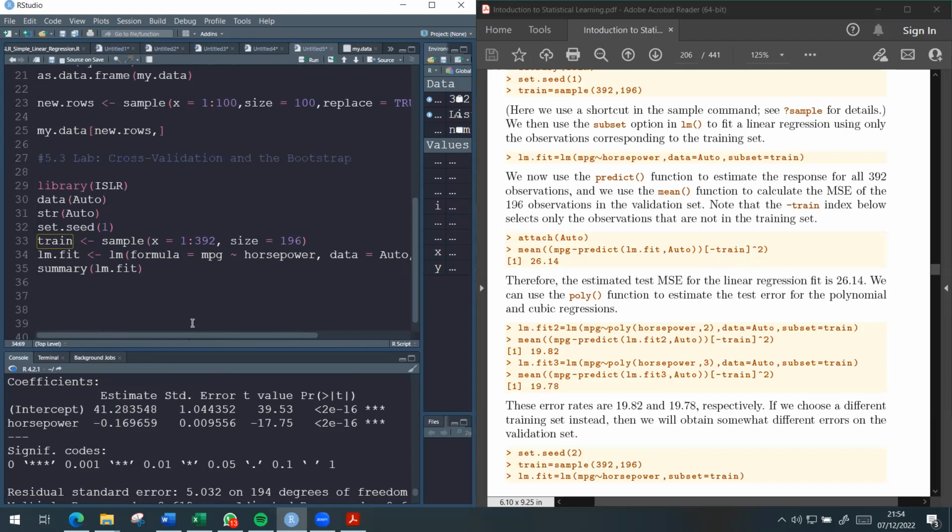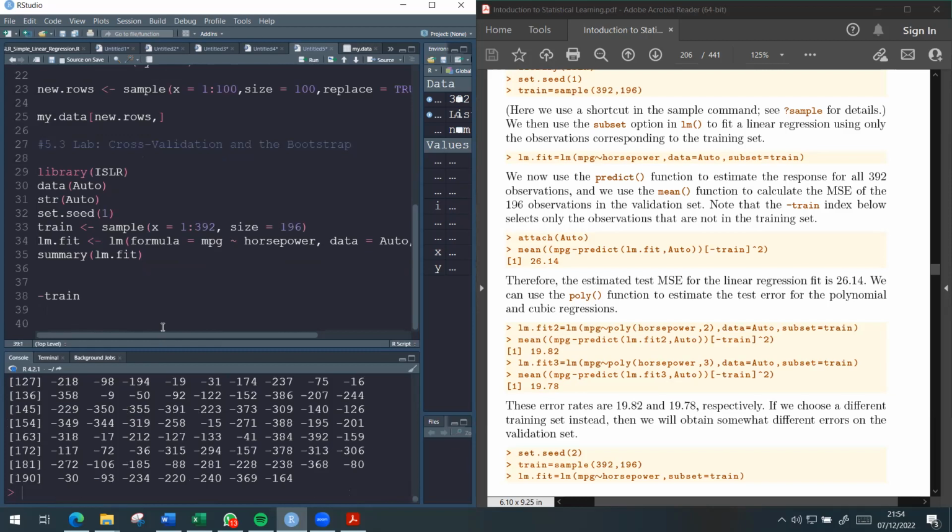Now we're going to take the negation. So I wonder what we actually get if I just type negative train. Ah, okay. So in that context, it just turns every value into a negative value. But this is going to be different if it's in the square brackets. It realizes that it means you're going to take what isn't in the train set. Okay, so let's see.